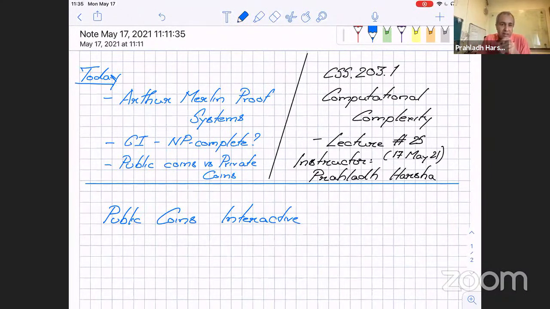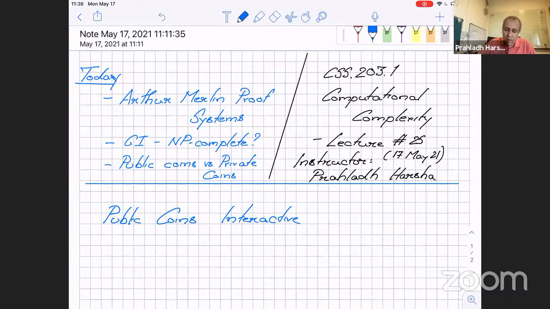The verifier is actually an extremely dumb verifier. It doesn't do any computation. It just tosses coins, hands over the coins to the prover. Tosses coins, hands over to the prover. And at the very last step, based on all the answers from the prover to various random questions, it just does some polynomial time computation based on all these random things and decides to accept or reject.